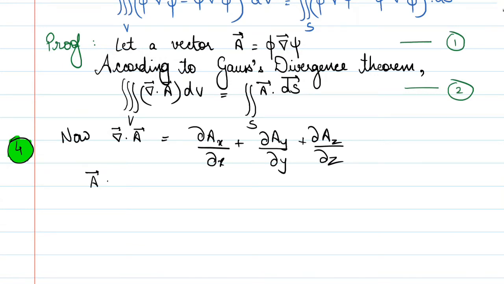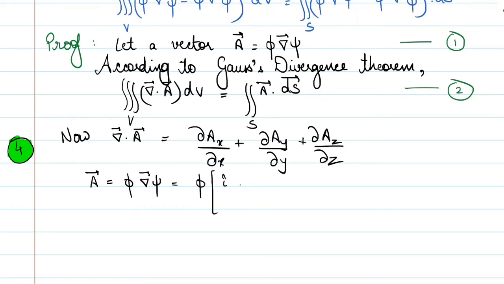If our vector A is phi del psi, let's write down how it would look. Phi is a scalar function, just keep it as it is. And now del is operating on psi, and it is basically the gradient of psi.